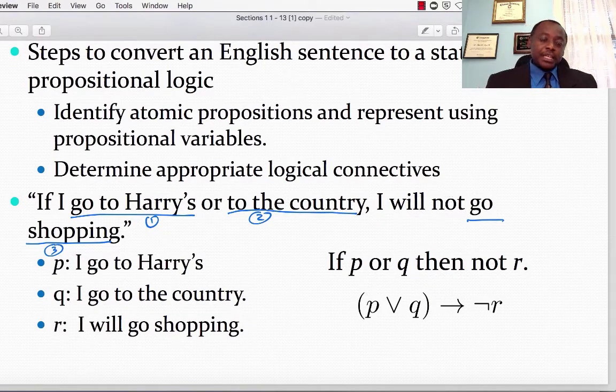So if P is I go to Harris and Q is I go to the country, R is I go shopping, then we can translate from English to propositional logic as follows. P or Q, all of that in parentheses, implies not R. If I go to Harris or I go to the country, parentheses, then I will not go shopping.